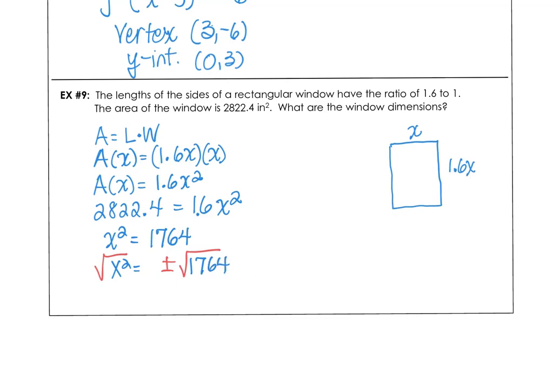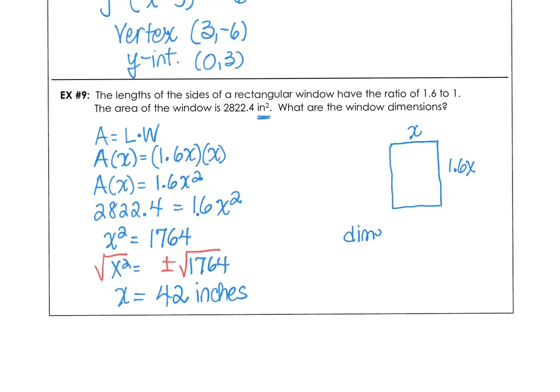We can't have a negative length on a window. So our x is just going to be the positive answer only, and our measurement units are inches. So the window is 42 inches wide.